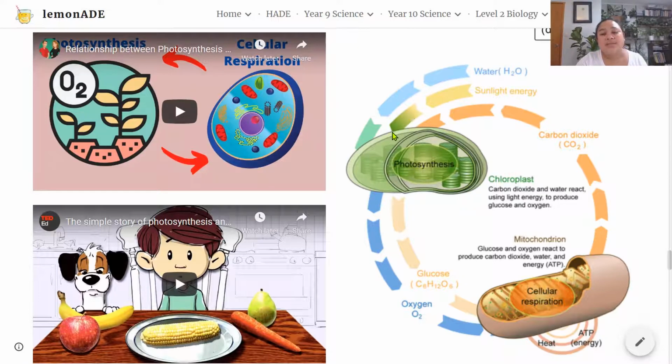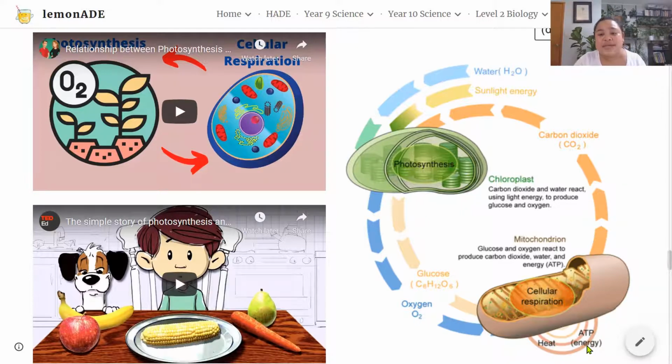That light energy and water and carbon dioxide is then turned into oxygen and glucose. This oxygen and glucose then goes into this mitochondrion, this functional unit where cellular respiration happens. And it turns this glucose and oxygen into carbon dioxide and, most importantly, ATP, energy.